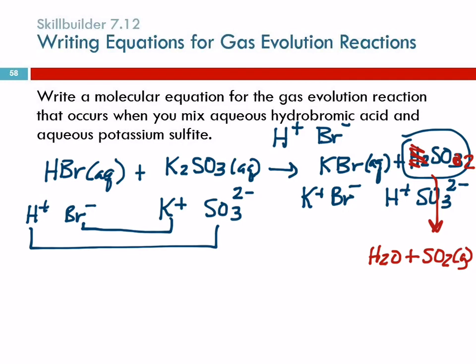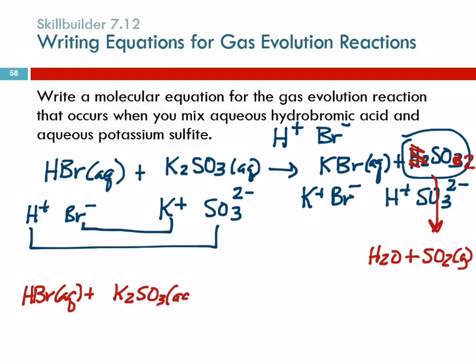So now we have this big old scribbly mess, right? Now we're going to copy it down neatly. So HBr, HBr was aqueous. I'm going to leave a little space in case I need coefficients in here.